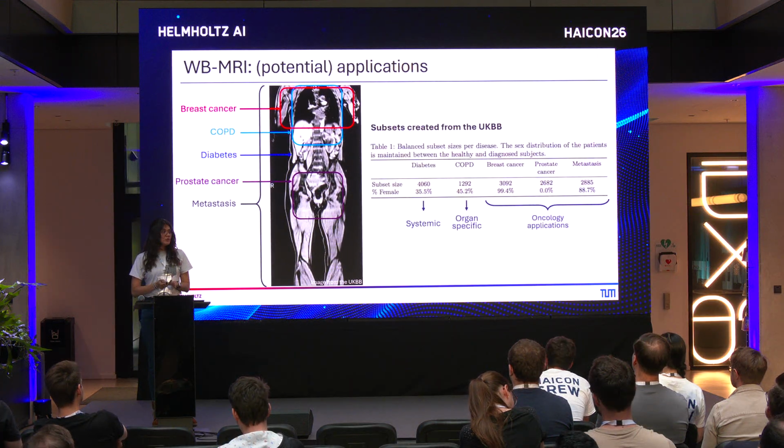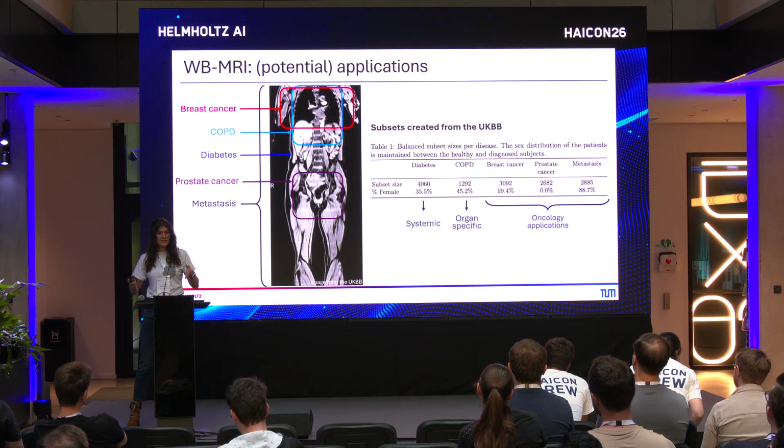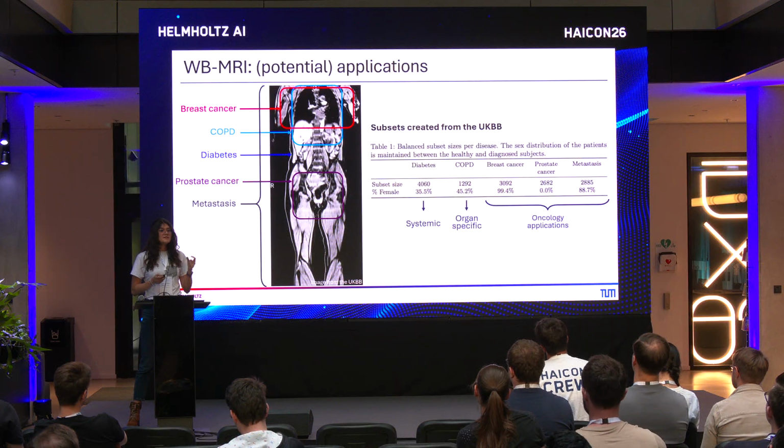And what we did was that first, we took our whole body MRI set, and we divided it in train, validation, and test. But the amount of images of patients with these diseases are very small.